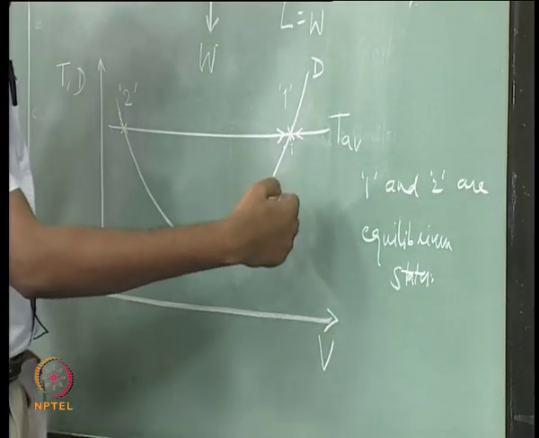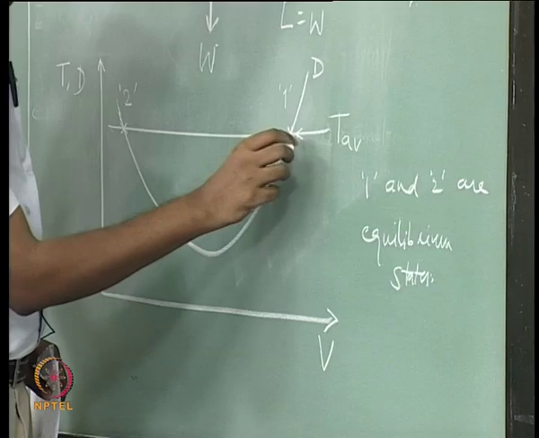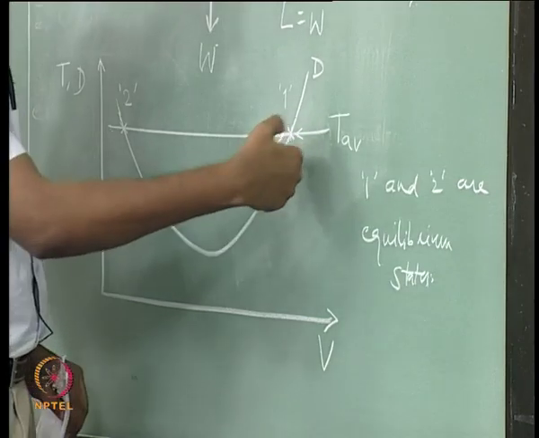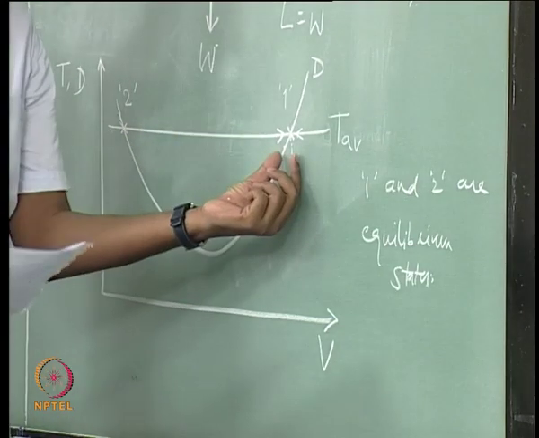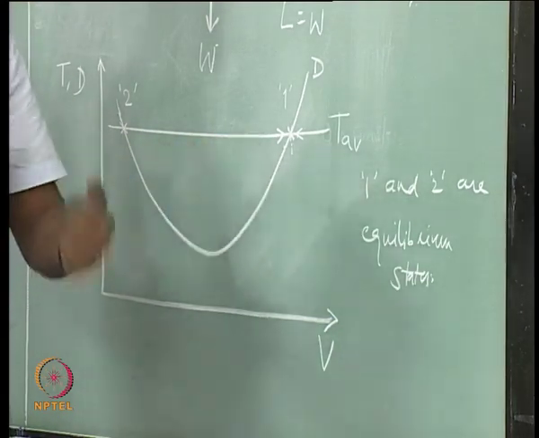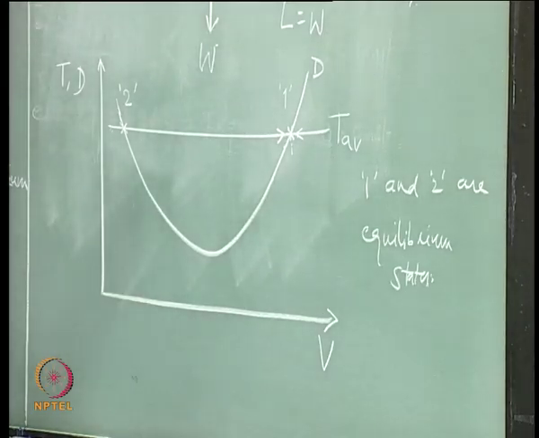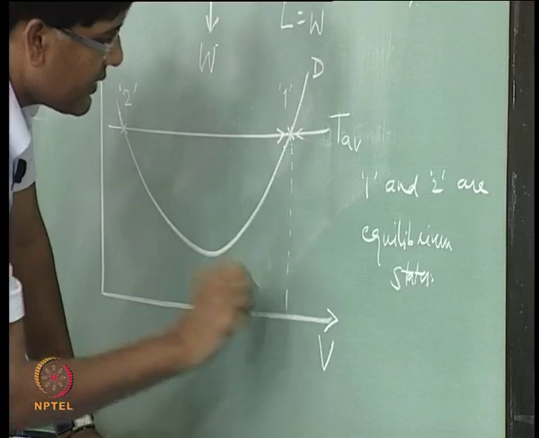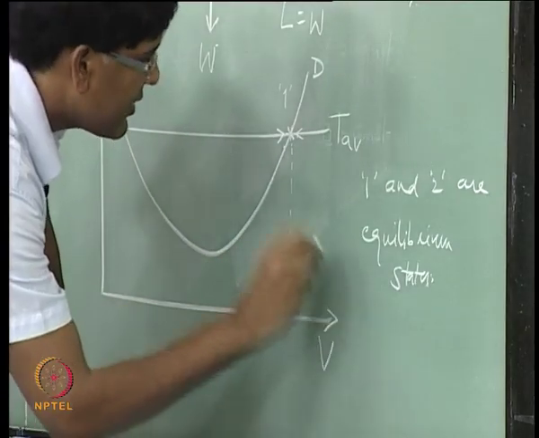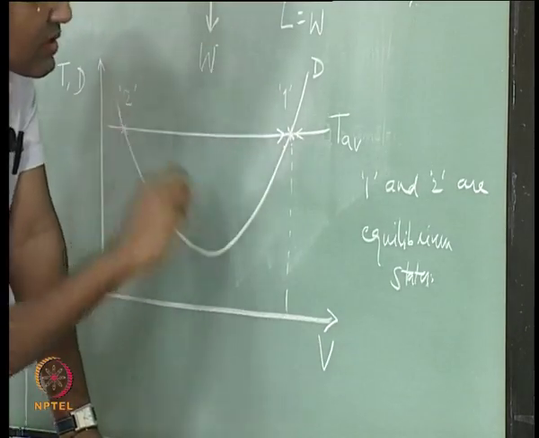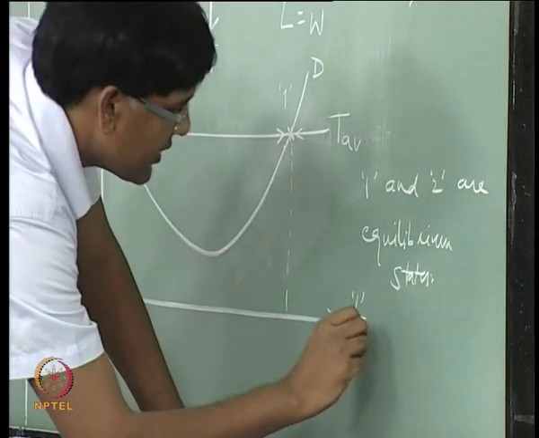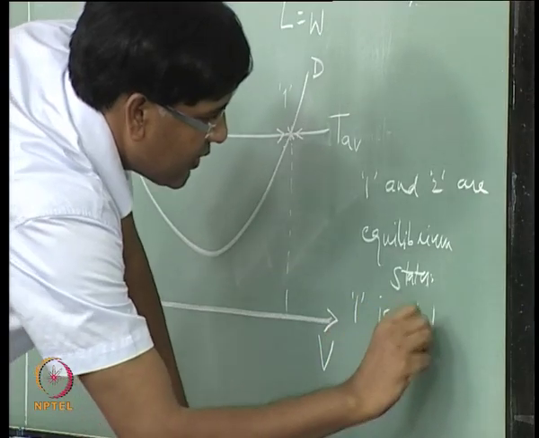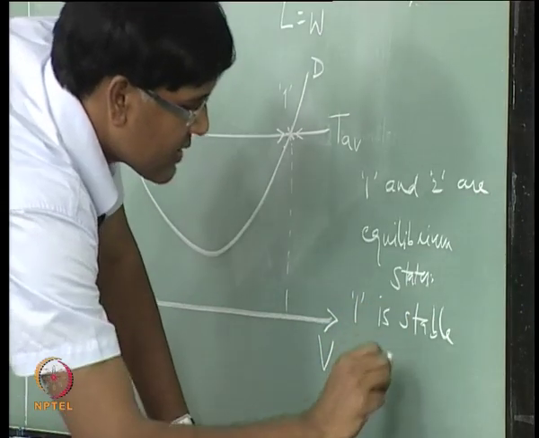In both situations we see that the tendency of the aircraft is to come back to this equilibrium state. So, change in speed is resulting in aircraft trying to reduce that change in speed, and then we say that this equilibrium condition 1 with respect to the change in speed is stable, that is statically stable.